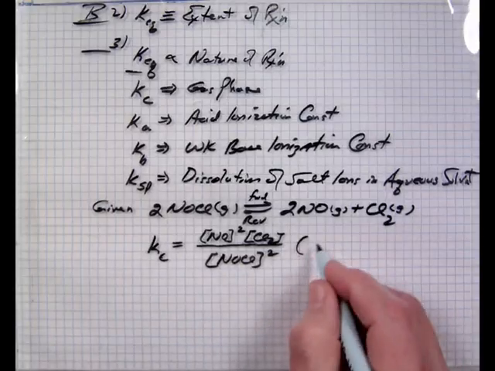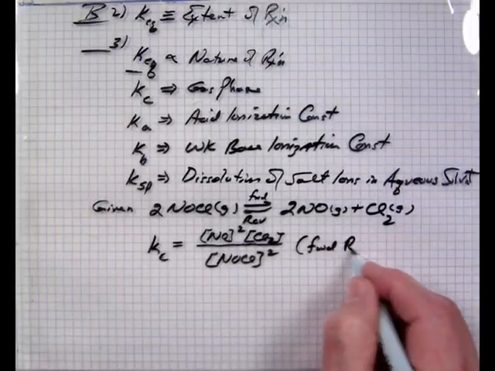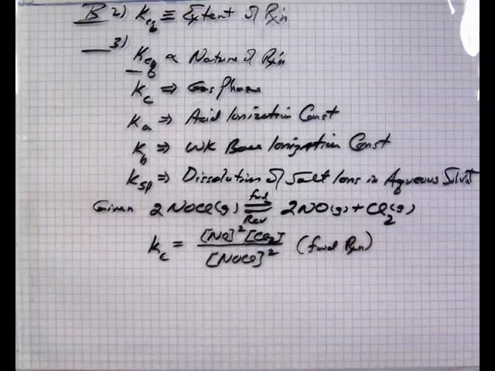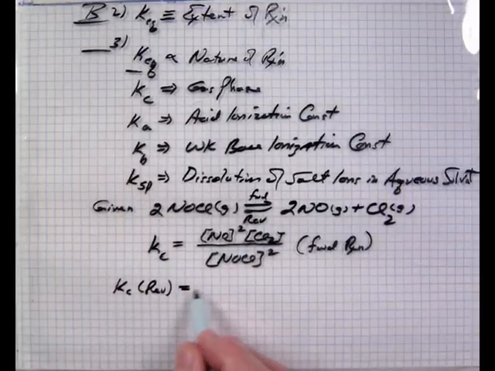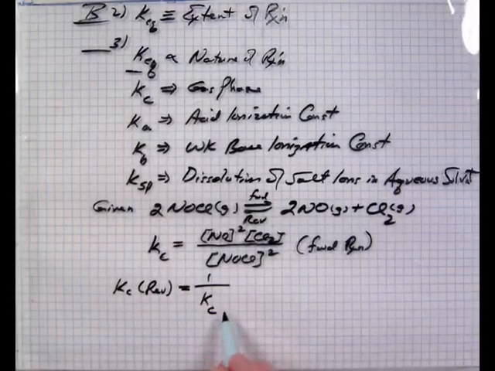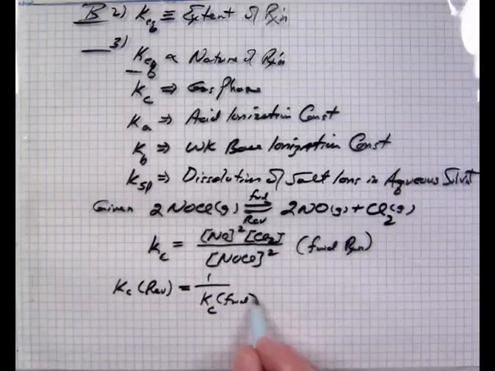Now this represents the forward reaction. What represents the reverse reaction? If I was interested in the reverse reaction, two things could be done. If I'm given a Kc and I need the reverse Kc, all I do is take the reciprocal of the given Kc. So Kc reverse is equal to 1 over Kc forward.